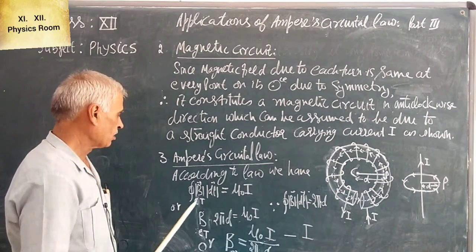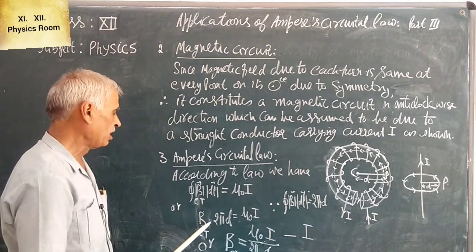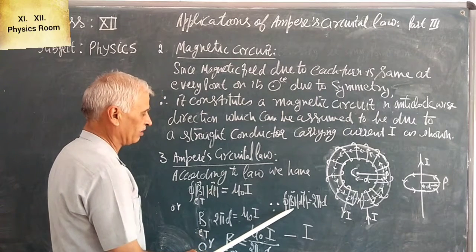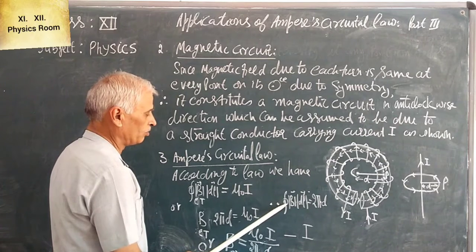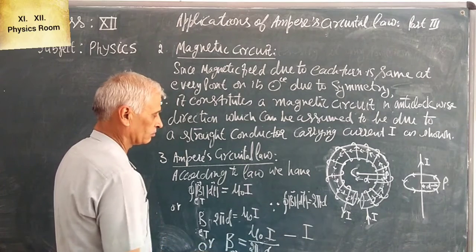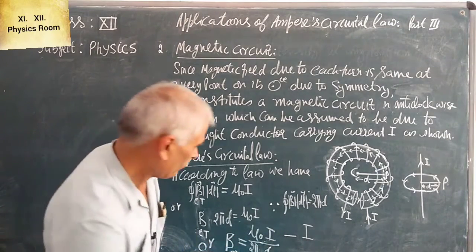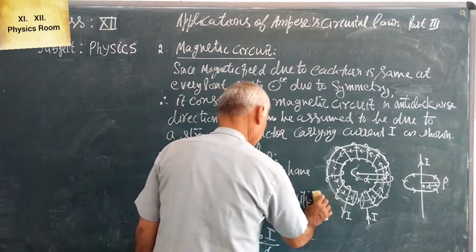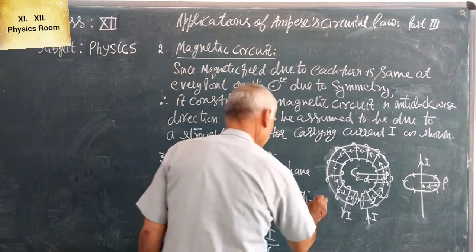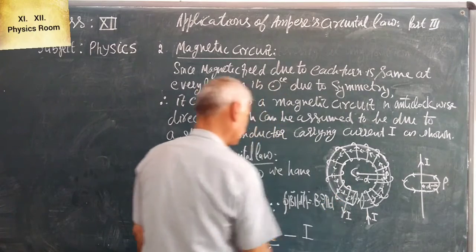or this part we have already evaluated, that is equal to B into 2 pi d, because the line integral of magnetic field over a closed loop is equal to B into 2 pi d.